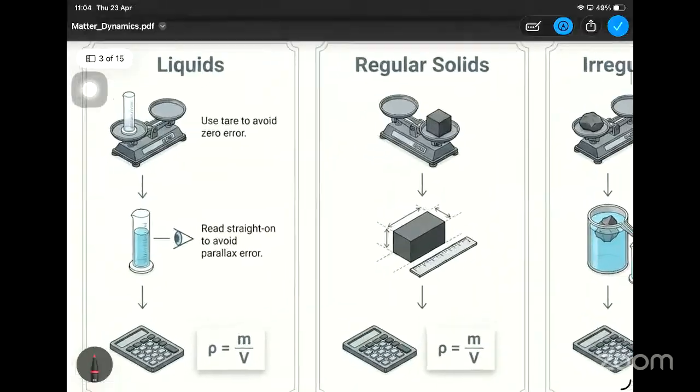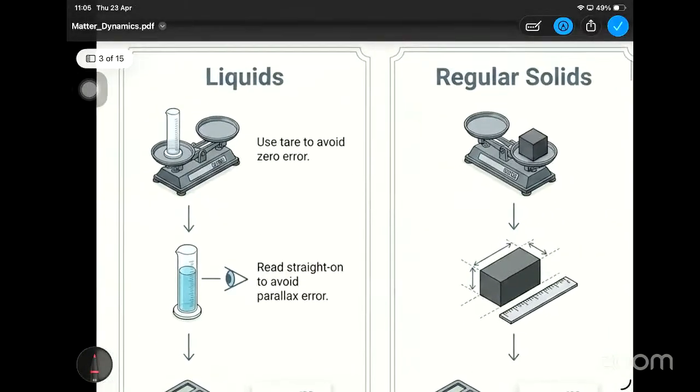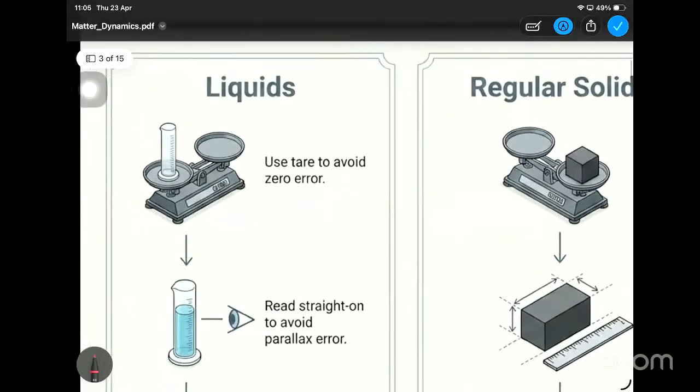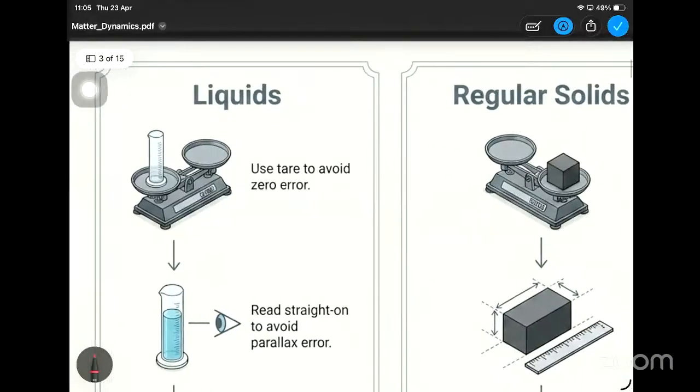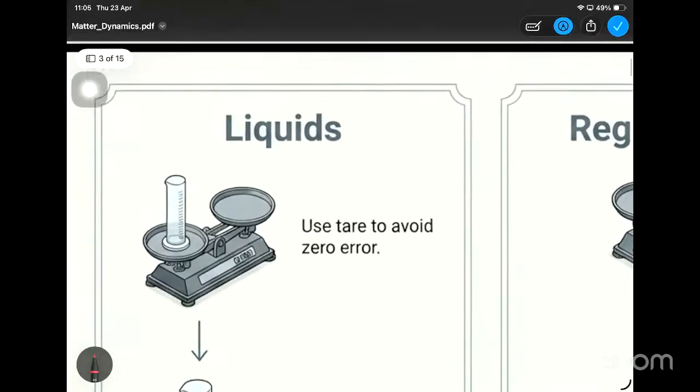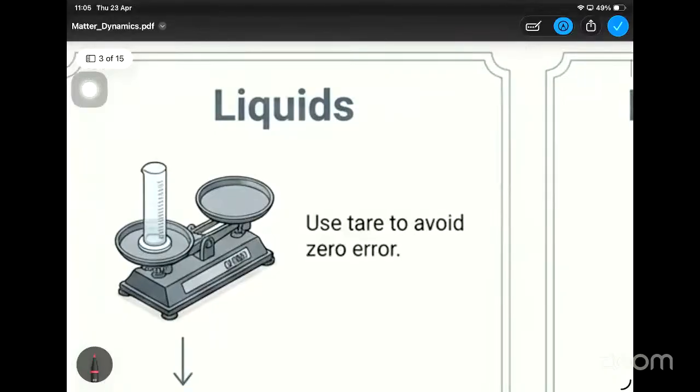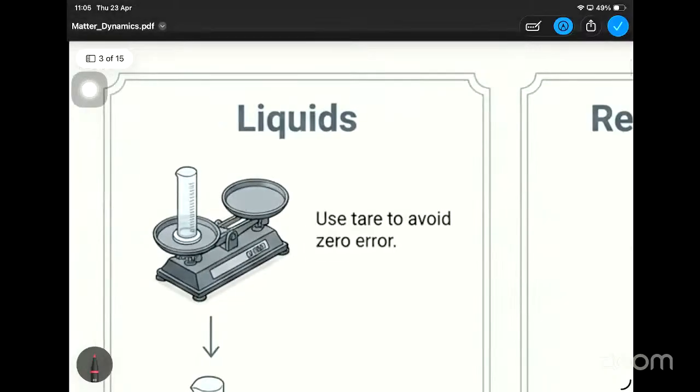If we consider the first one, the liquid measurement, first you place the measuring cylinder on a balance like this, and you need to tare it to avoid the zero error. The balance would otherwise be measuring the mass of the measuring cylinder as well, so we need to omit that mass.